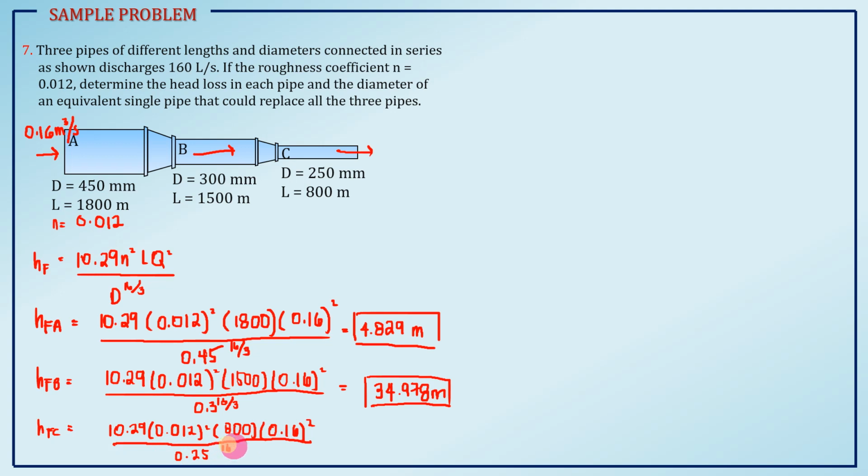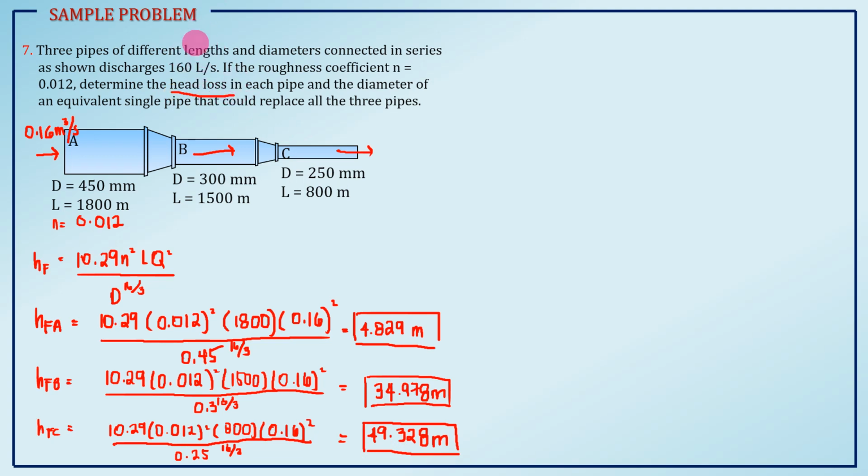Then, 16 over 3. Naka-raise. Ayan. So, solve natin agad si head loss at pipe C. Ito ay equal sa 49.328 meters. Ayan. So, we had the head loss in each pipe.